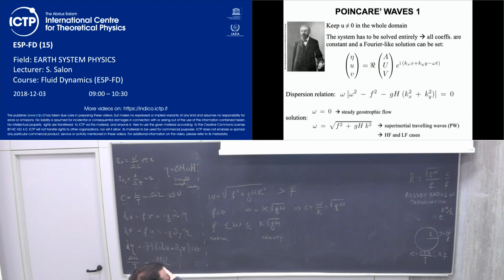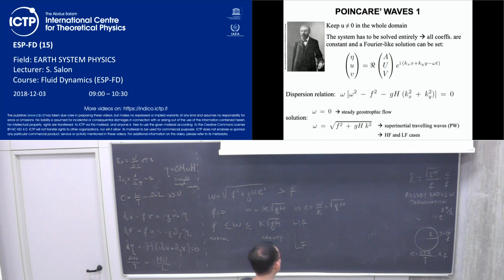So actually, we can consider also two cases: high frequency or low frequency. So for high frequency, it means that we have large wave numbers. So large wave numbers means small wavelength, okay?